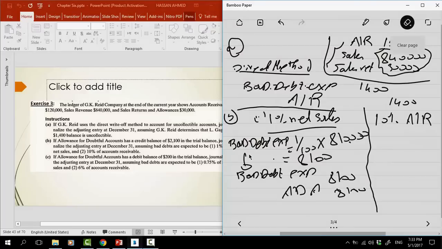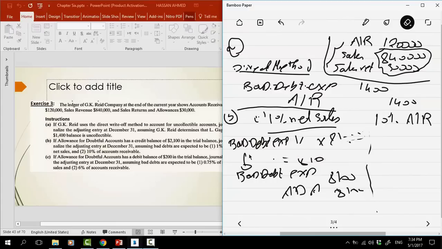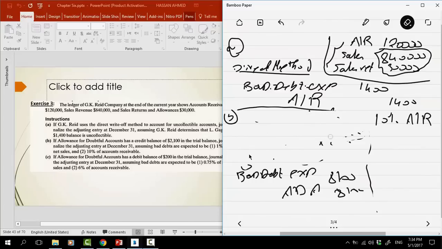This is valid only in which method? Percentage of accounts receivable, as I will show it to you right now. Okay. Suppose that we will solve as if the estimated bad debt expense were 10% from the accounts receivable. What will be the journal entry?